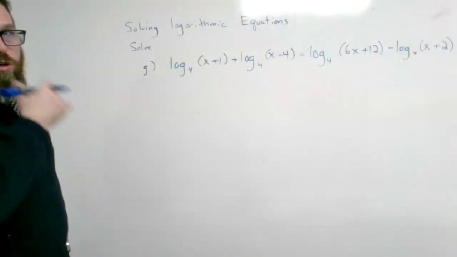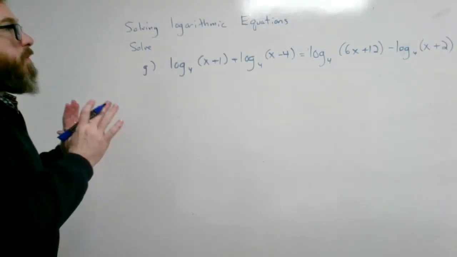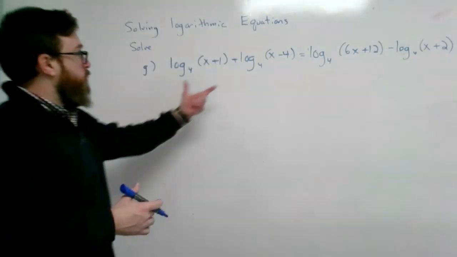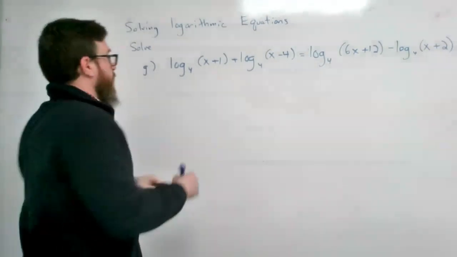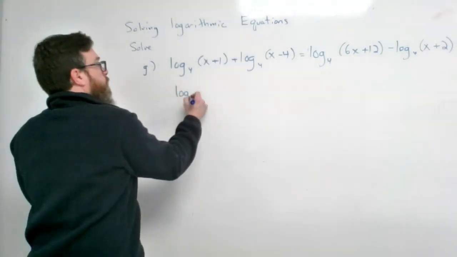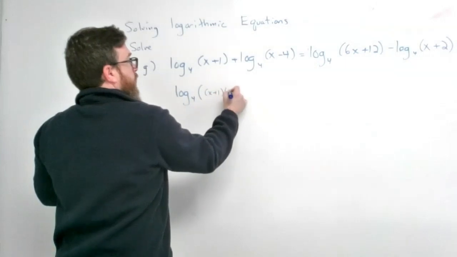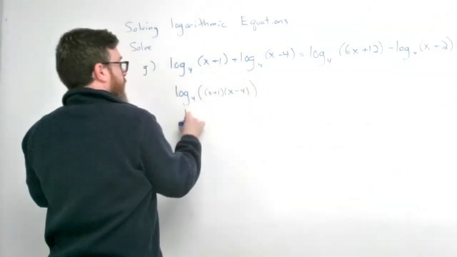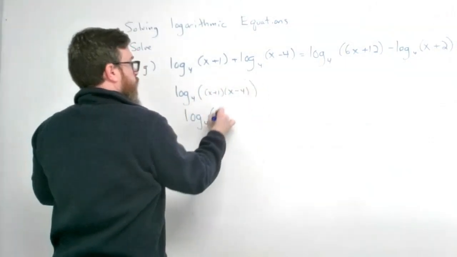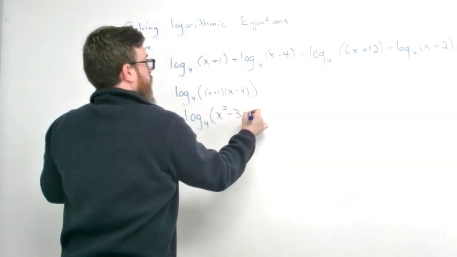So we're going to condense both of these logarithms. Addition becomes multiplication, so this is going to be the log base 4 of their product, x plus 1 times x minus 4. And I can do that multiplication: log base 4 of x squared minus 3x minus 4.